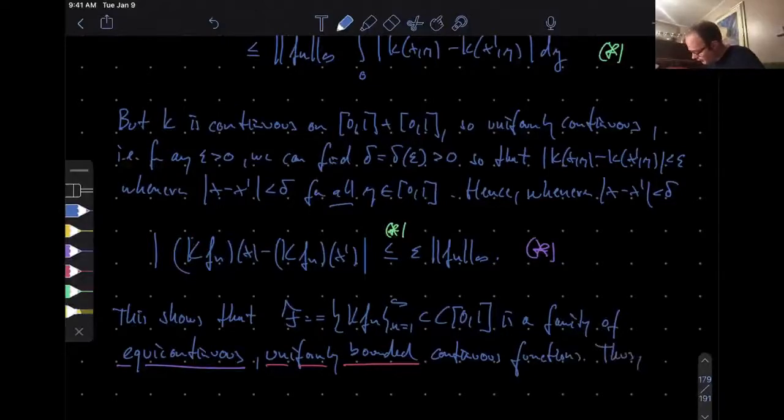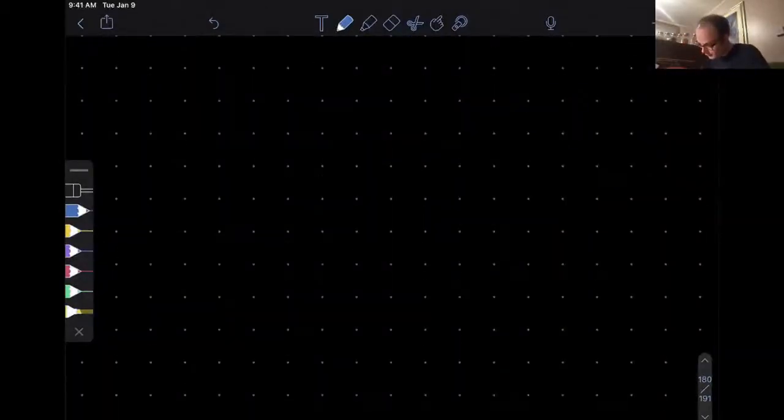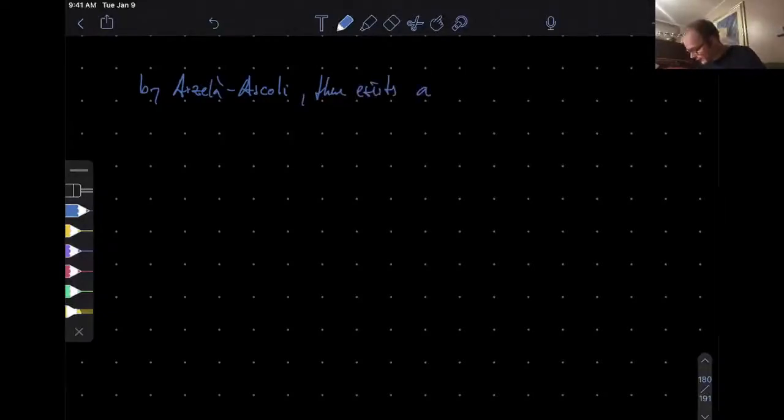Thus, Arzela-Ascoli again. There exists a convergent subsequence.